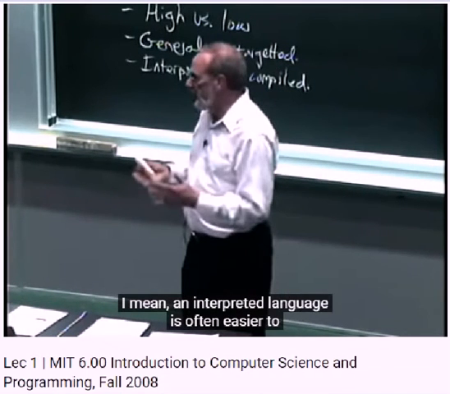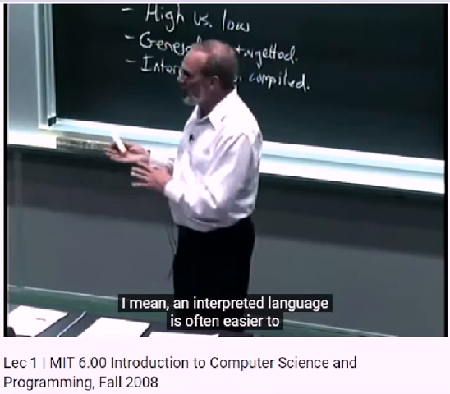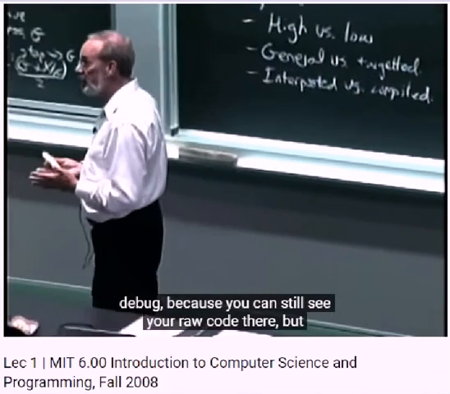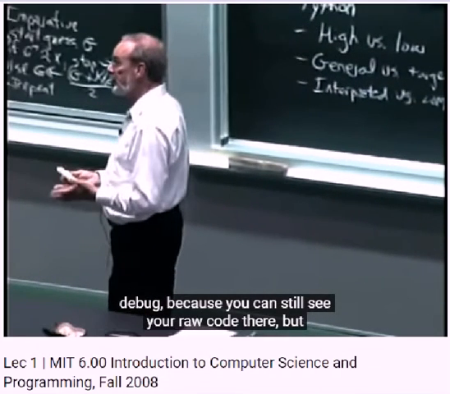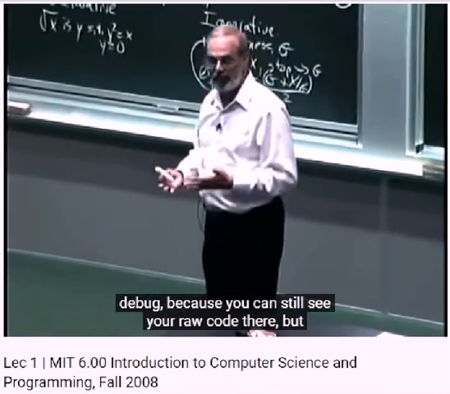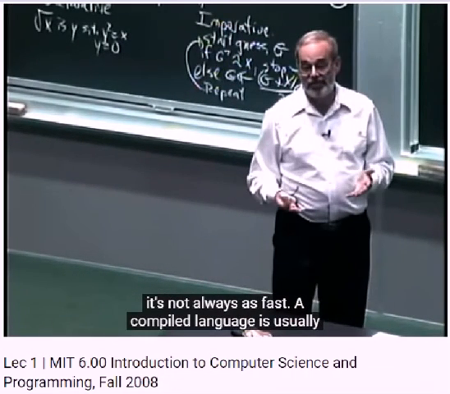An interpreted language is often easier to debug because you can still see your raw code there, but it's not always as fast.